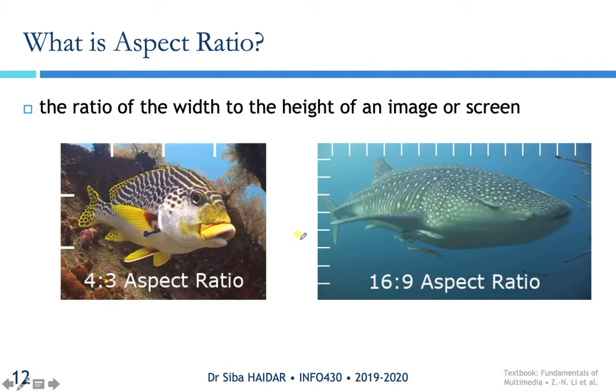So now let's remember what the aspect ratio is. It is simply the ratio of the width to the height of the image on the screen. On the left, you can see an image of a very famous aspect ratio, 4:3. So you have 4 units, suppose centimeters, inches, or meters, or 4,000 pixels in the width, and 3 for the height.